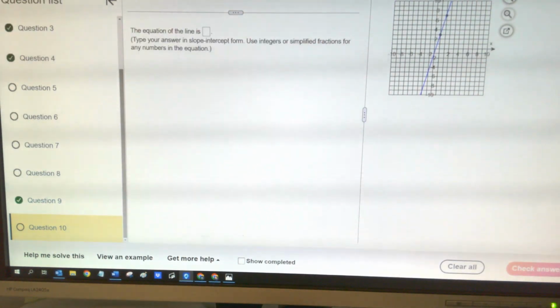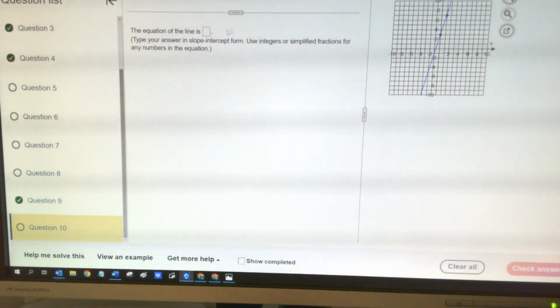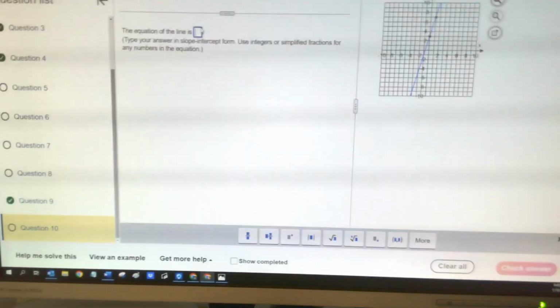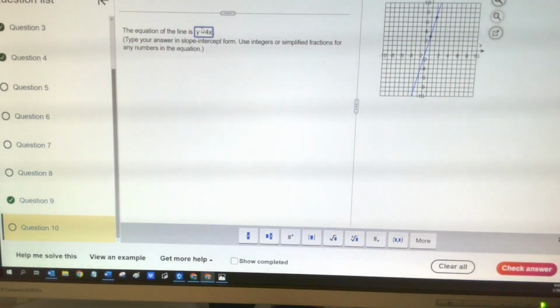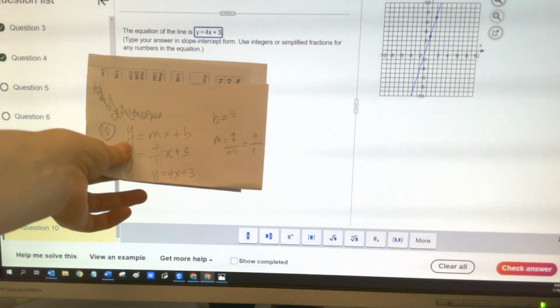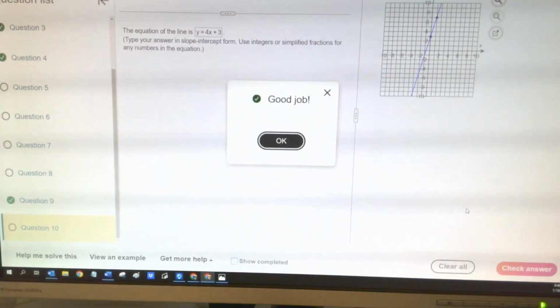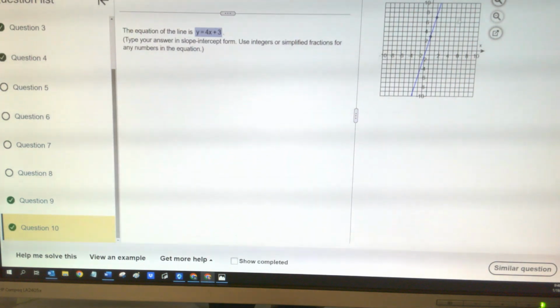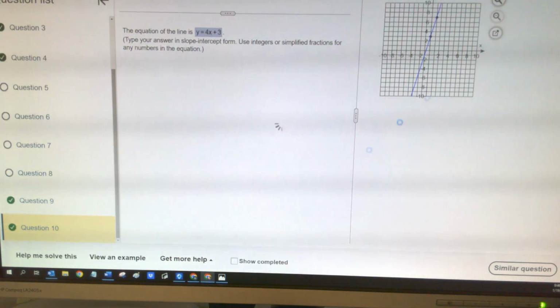So here it starts with y equals 4x plus 3. Check answer. Yay! It's just difficult clicking on these things. Okay, save, and we're done.